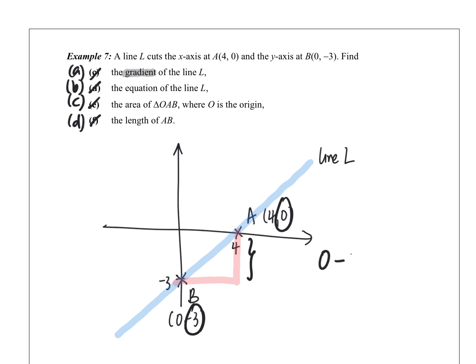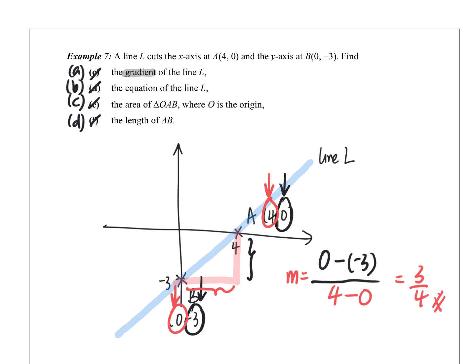So 0 minus negative 3. And then to find the run, you use x2 minus x1. So this is for the run. That will give you the gradient to be 3/4. So this is the gradient of line L. If you want to be precise, you can write a subscript L for the gradient of L.